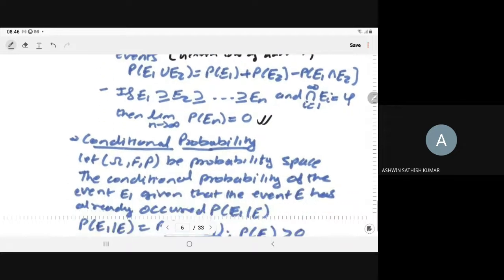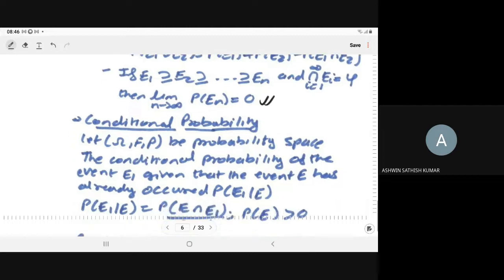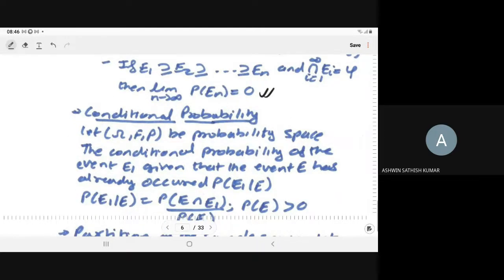From the probability, we have another important term, conditional probability. As the name suggests, here we have the probability, but under some condition. So let omega, F, P be the probability space, meaning sample space, sigma field, probability. Then consider the conditional probability of the event E1, given that event E has already occurred.